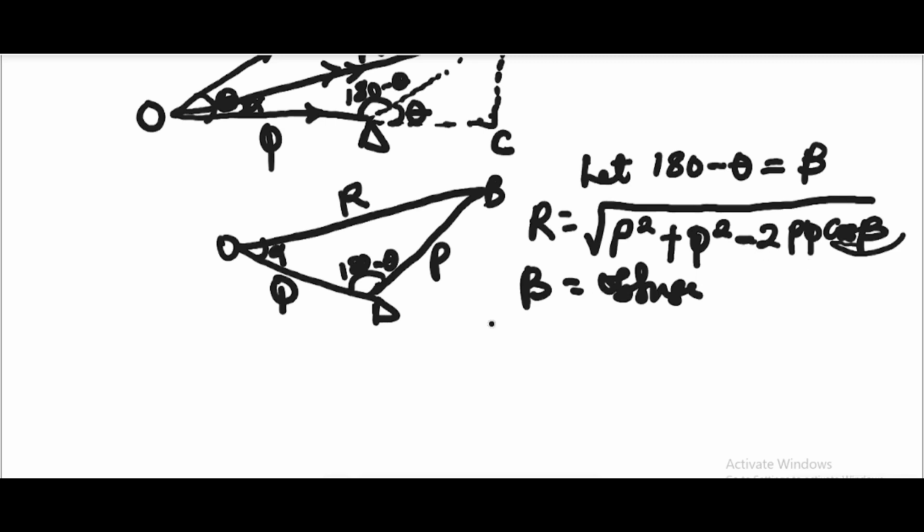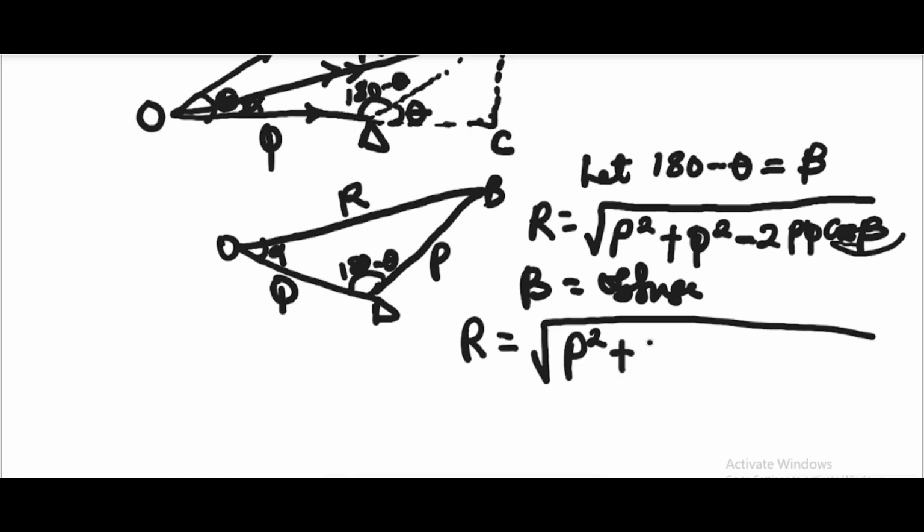Okay, so that means that the resultant force becomes the root of P squared plus Q squared plus 2PQ cos beta. So why is it important you understand this very well? So that you won't be wondering, why is it that we are using the cosine rule, meanwhile the cosine rule says minus 2PQ cos beta. So why are we saying plus? So you've seen the reason.